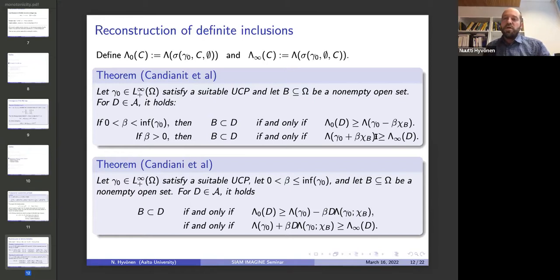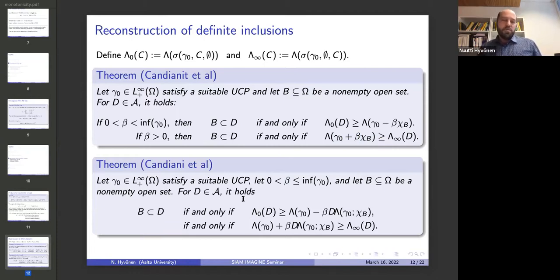But this time around, because the ideally conducting inclusion is energy-wise the smallest inclusion for the Neumann-to-Dirichlet map, you have that this test Neumann-to-Dirichlet map should be larger or equal to the Neumann-to-Dirichlet map corresponding to the ideally conducting inclusion in case this B is inside D, which is the to-be-located inclusion. But I have also the if condition over here. So also if this doesn't hold, then at least theoretically this can't hold.